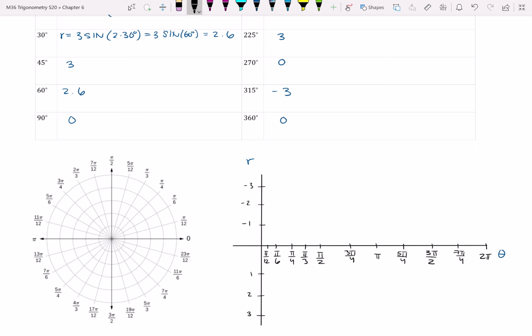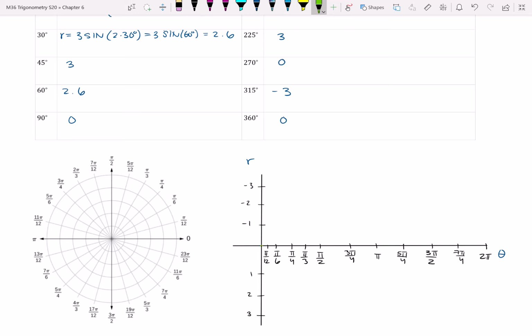I'm just going to plot all the points here, and you'll be able to see how that relates to our Cartesian plane when we actually graph it. I'm going to do it in a cool color. Let's do green. My first point was 0, 0, so my theta was 0 and my r was 0. I'm going to start there.